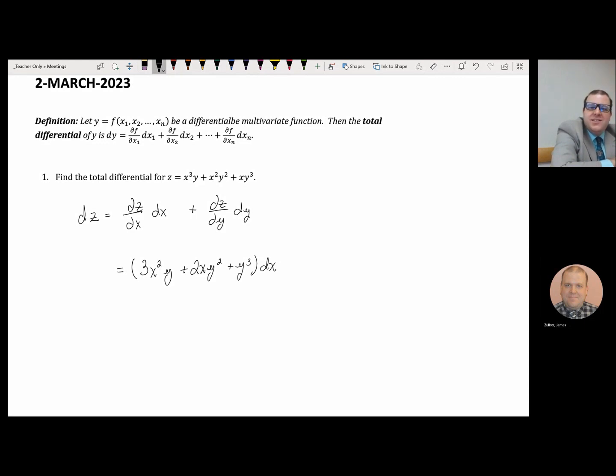And that gets multiplied all by dx. What is the partial now with respect to y? And then that gets multiplied by dy, and there's your differential for z.